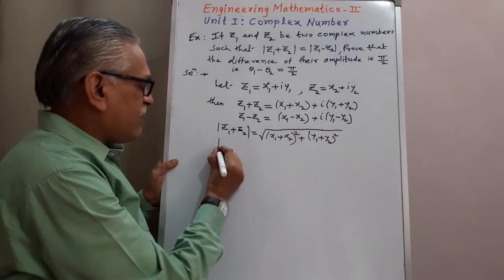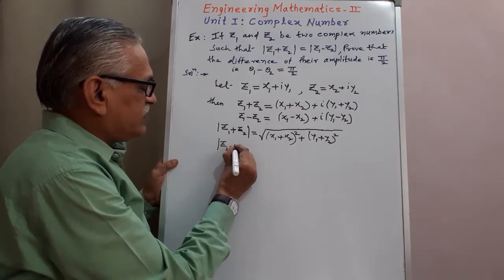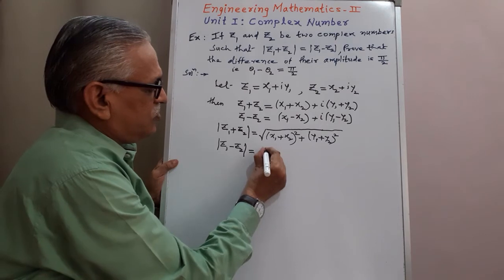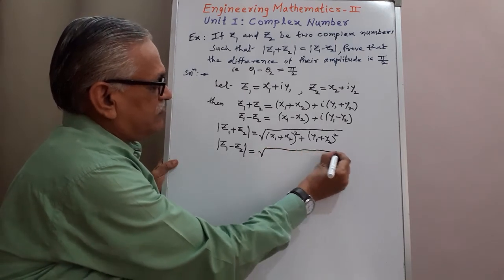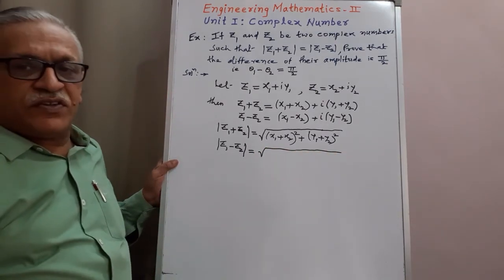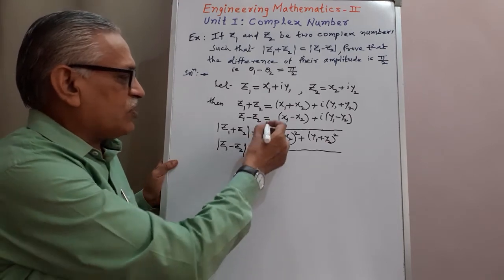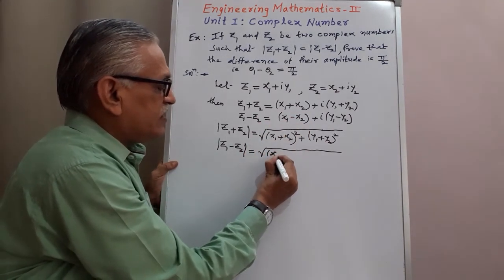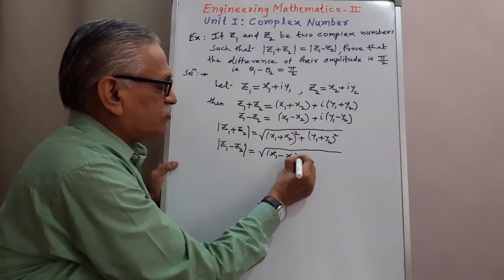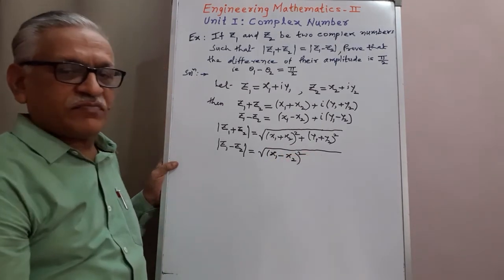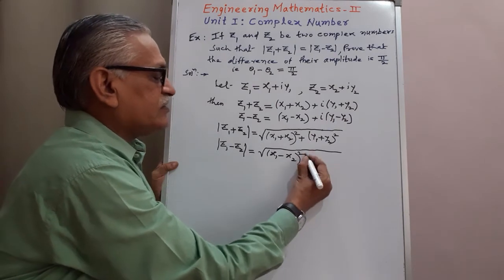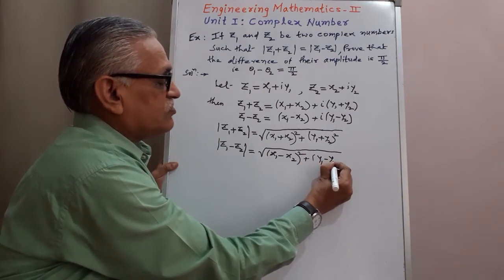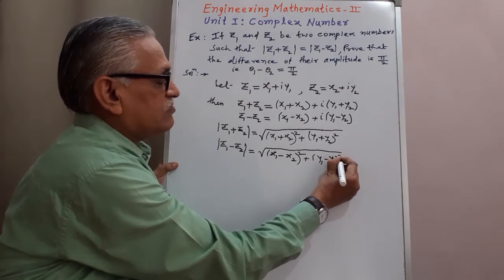And the absolute value of z1 minus z2 is the root of, again applying the definition for the modulus of a complex number, real part square. Here the real part is (x1 minus x2) square and imaginary part square (y1 minus y2) square.